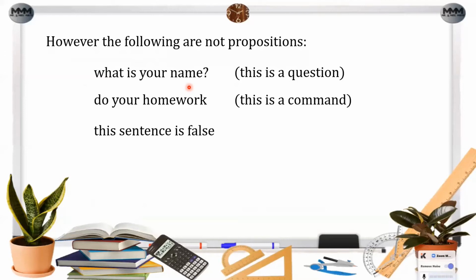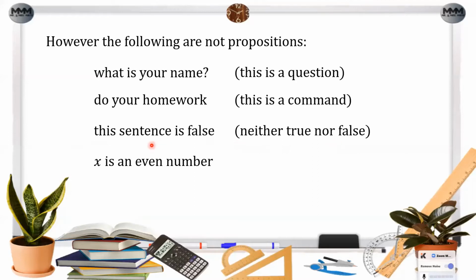And next, this sentence is false. Here, we don't know which sentence you are referring to. When you say this sentence is false, we don't know if that sentence is really false or true. Hence, this is neither true nor false.